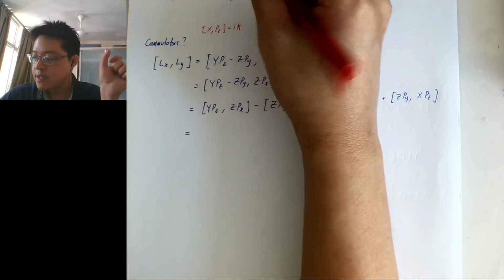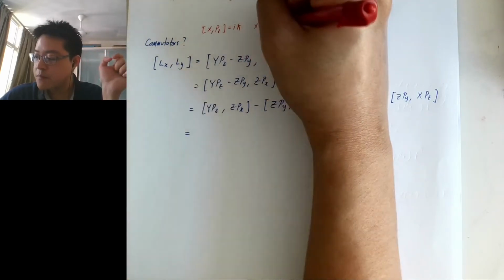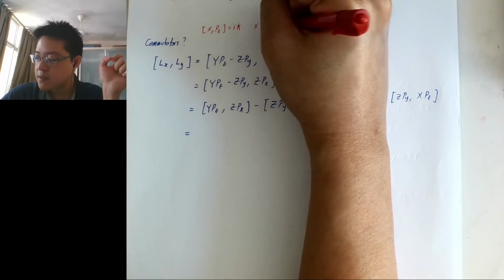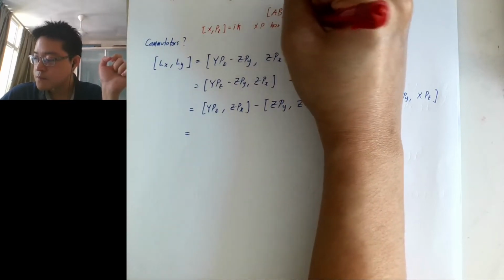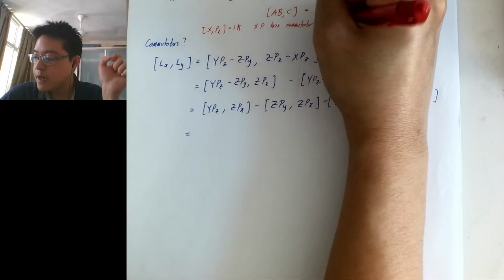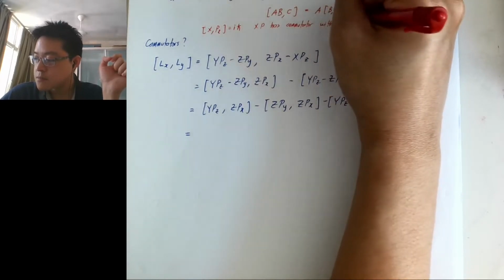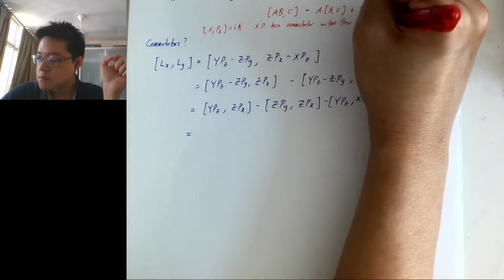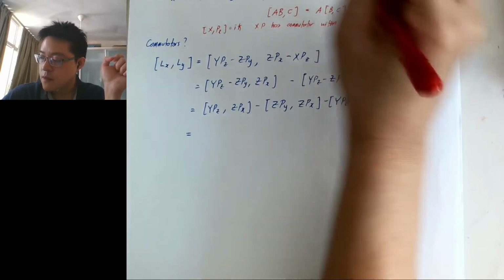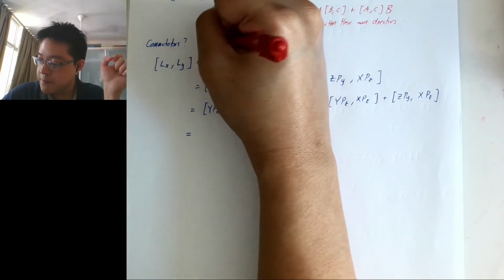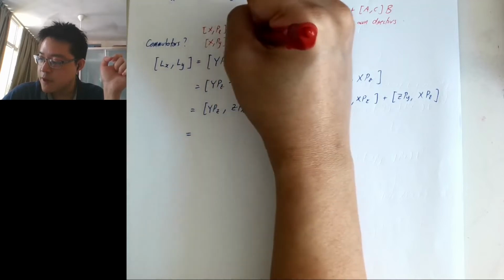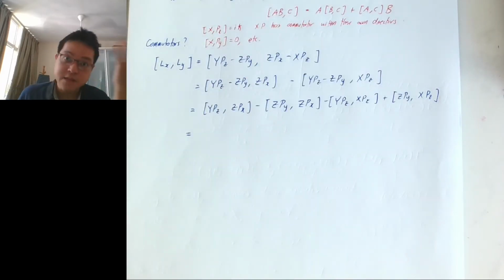So x and p commute within their own directions only. For example, x and then py is going to be 0. If it's a commutator in different directions, it's going to be 0.